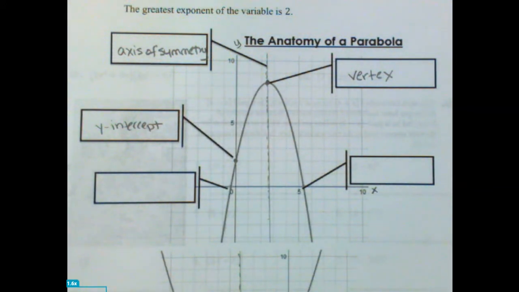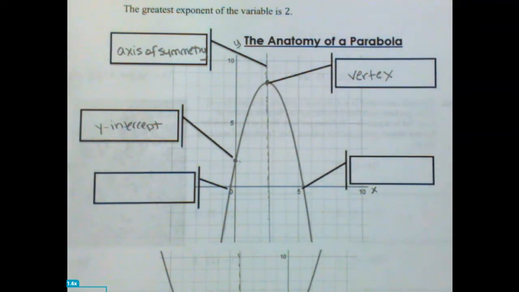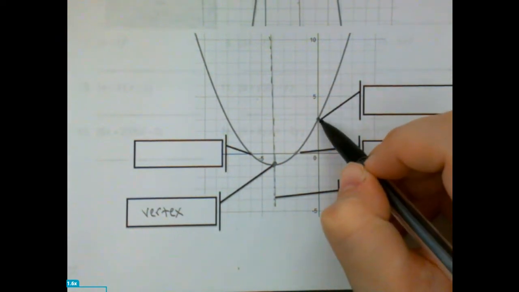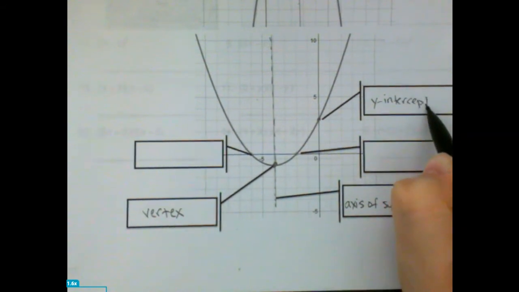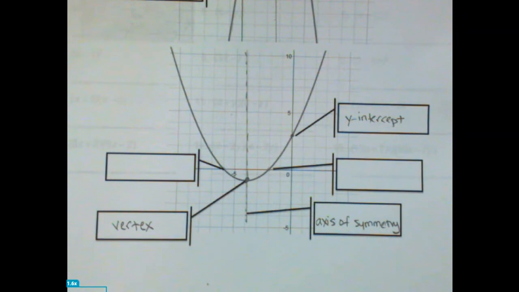We used it a lot in lines, where the line touches the y-axis. So in this curve, it's right there at 2. And in this bottom graph, it's right here at 3. So y-intercept, where the curve touches the y-axis.